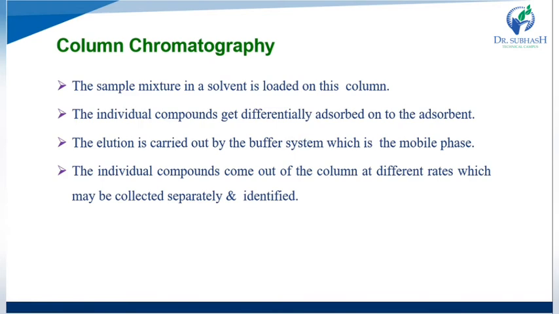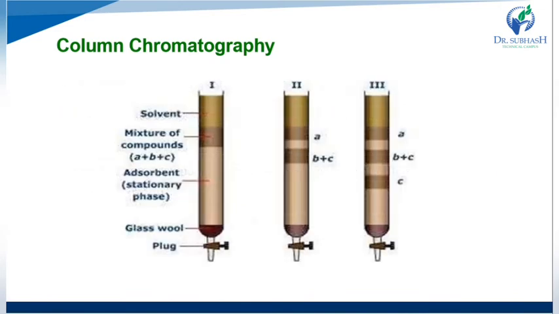This is column chromatography. This is the figure of column chromatography. First we take one glass tube, filled with the adsorbents. After filling, the solvent is added, then the mixture of components, that is the A, B, C mixture. The first layer is the stationary phase, that is the adsorbent, the second layer is the mixture of components or a complex mixture, and the top layer is solvent.